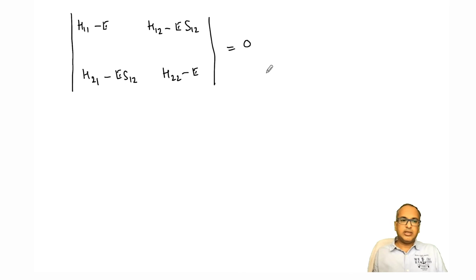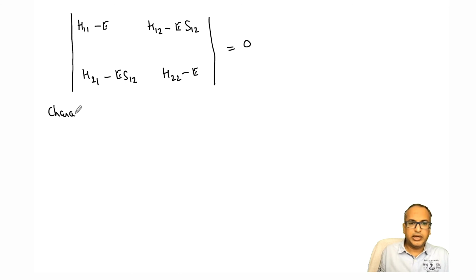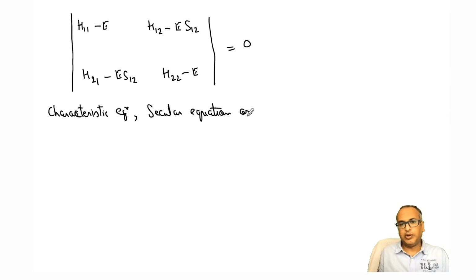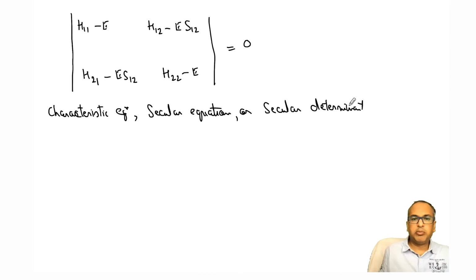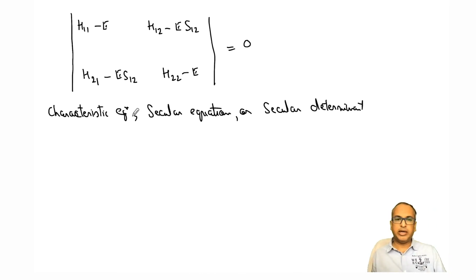This is called the characteristic equation, or secular equation, or secular determinant. If you need to know more details of it, you can go back and look at the quantum chemistry course, where you will get it in more detail.